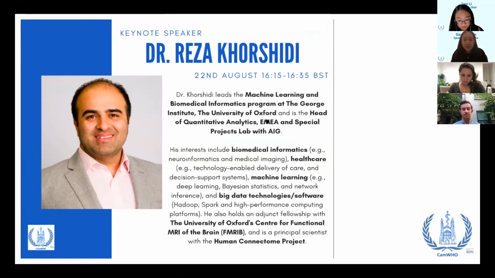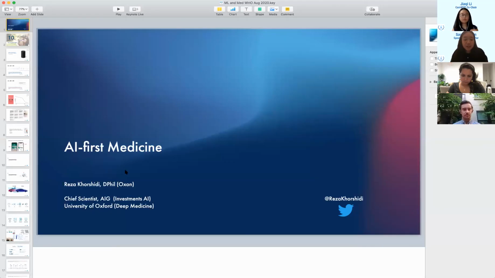At AIG, Dr. Khorshidi's team, Investments AI, is a group of scientists, engineers, designers, and product managers and strategists primarily focused on the development of AI-first products in the fintech space. Today, he will be talking to us about AI-first medicine, alternative data in medicine, and AI for electronic health records.